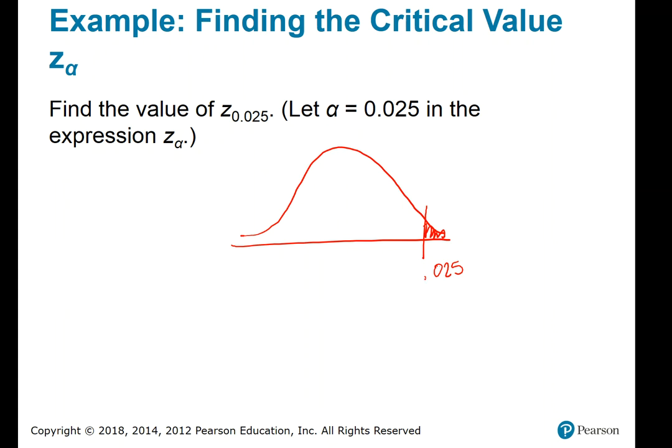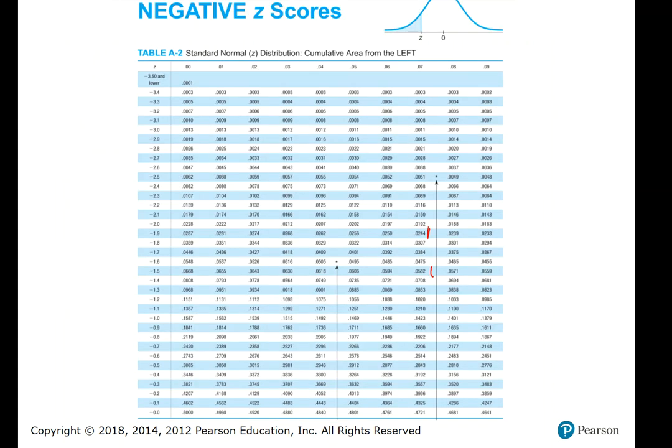Since I'm looking for such a small amount, this tiny bit is going to be symmetric to this tiny bit over here. So I'm actually going to use the negative chart instead of the positive chart, that way I'm looking below, and I'm just going to flip it over.